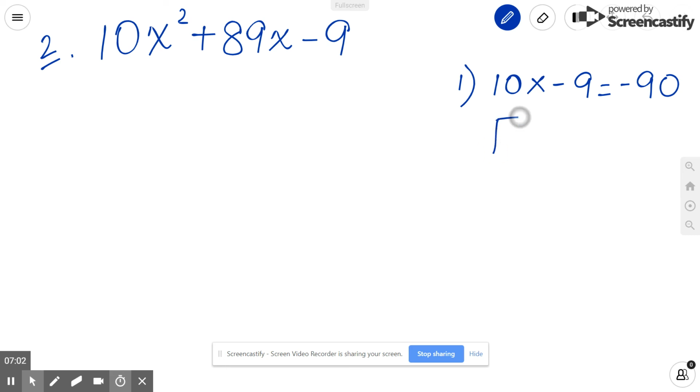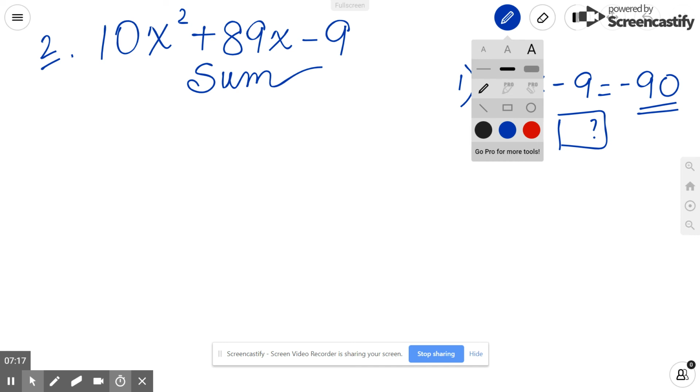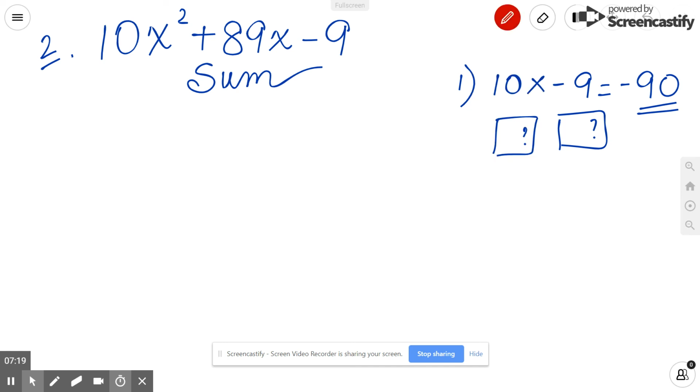And then now we just have to think of 2 numbers which will actually hold true for this type of question. So basically I'm thinking of 2 numbers which when multiplied give me negative 90, but which when added give me plus 89. So hopefully by now you are already done thinking, or if you want to take your time and think, you can pause the video and think of the 2 numbers.